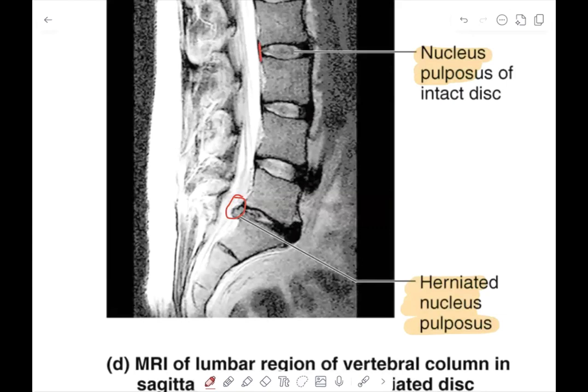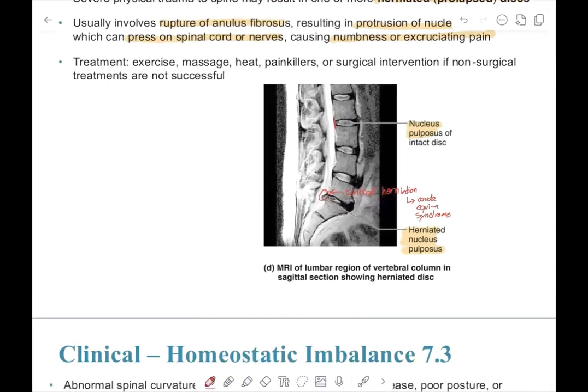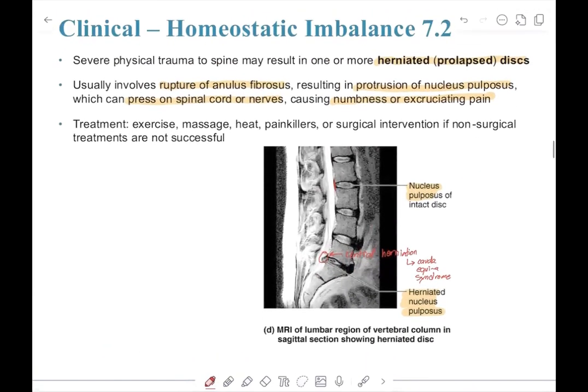This can actually be very bad because it could be a central herniation, and especially it could put pressure on the entire spinal cord and lead to what's called cauda equina syndrome, which requires immediate surgery because those nerves are responsible for control of the bladder.